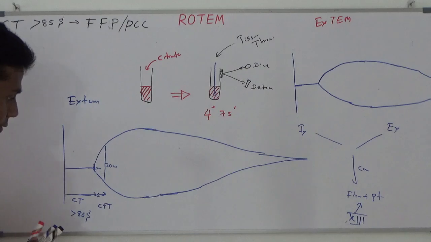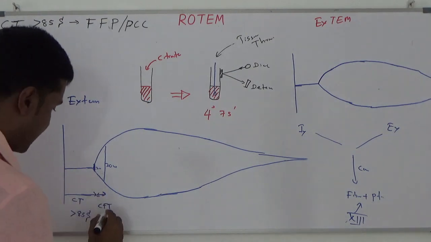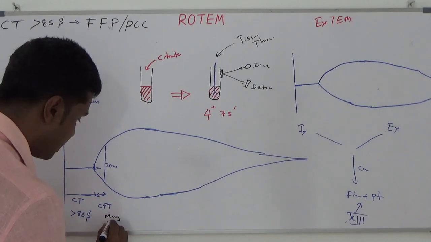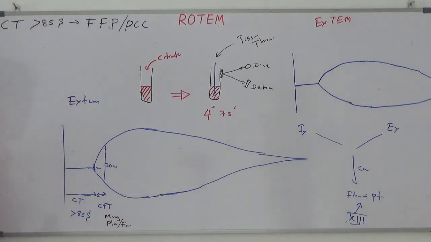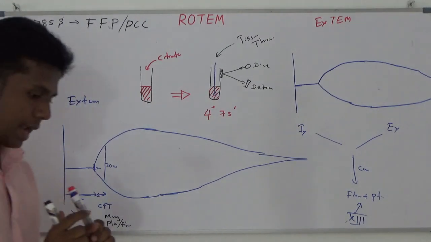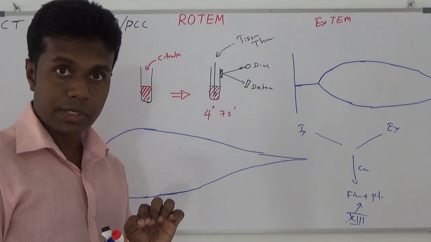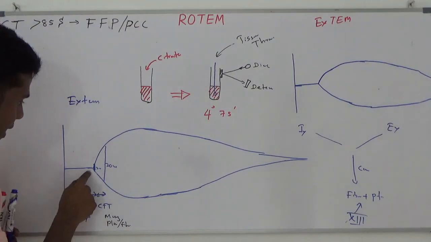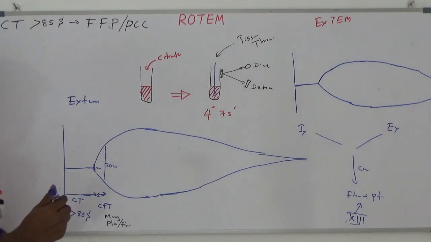If you find a patient with a high clot forming time, your patient may lack either platelets or fibrin. After that, what I am going to check is, after about 10 minutes of starting of the coagulation, that means from the beginning of the clot to 10 minutes, I am going to measure the length.